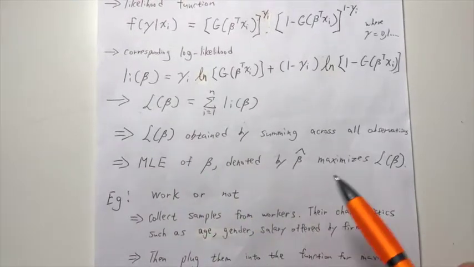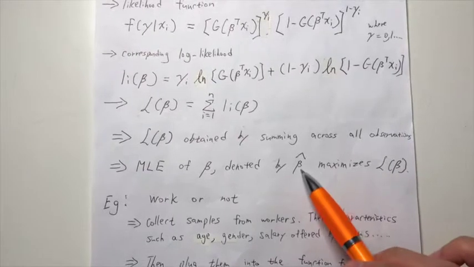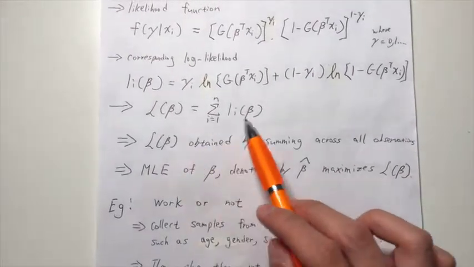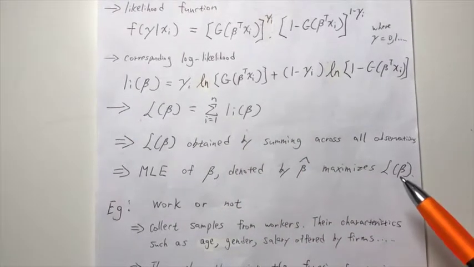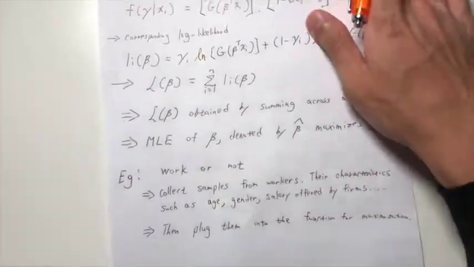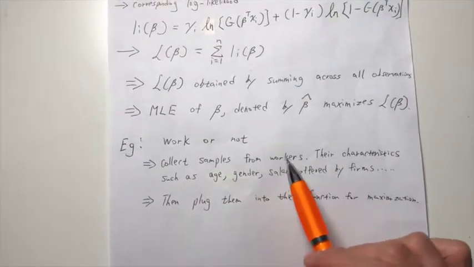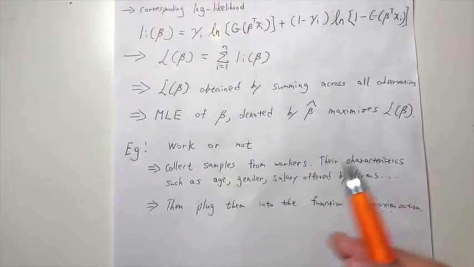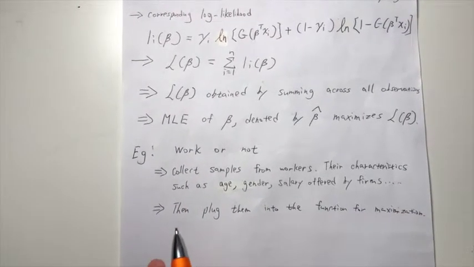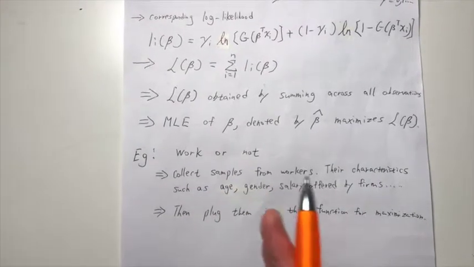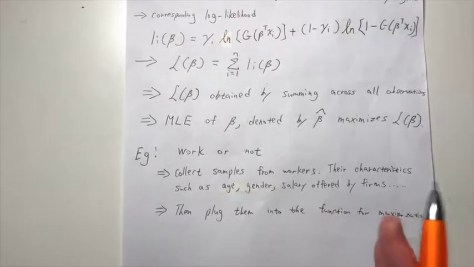How do we do that? We just plug that into the computer for optimization. We choose a beta that maximizes the sum of all the log likelihood. And the example that I've provided earlier is that after collecting samples from workers, with their characteristics such as the first person, age 20, gender female, chooses to work, and the second maybe age 30, gender male, chooses not to work, and so on.